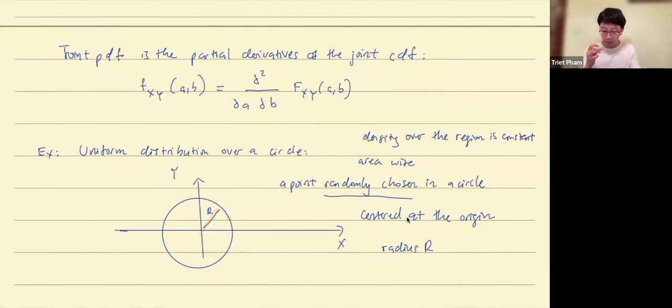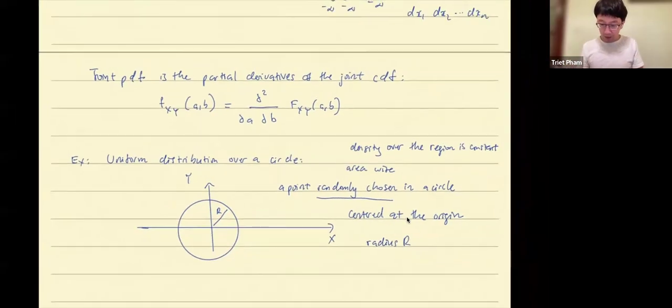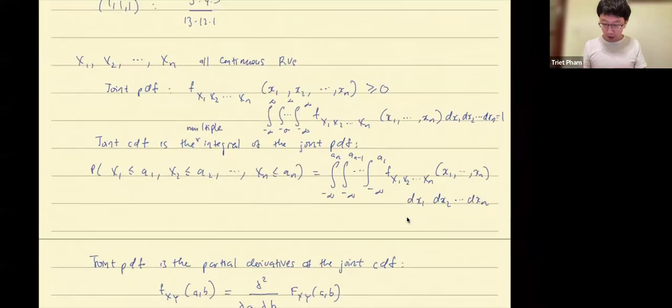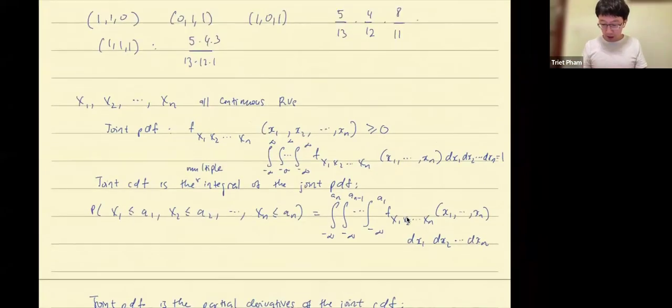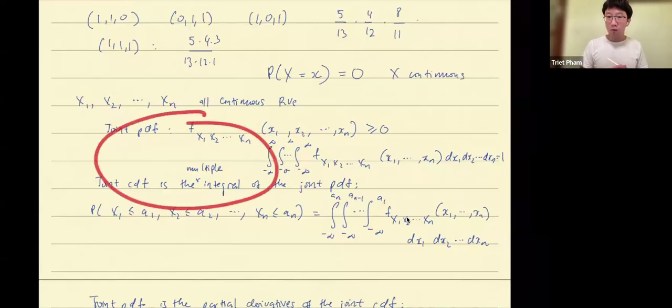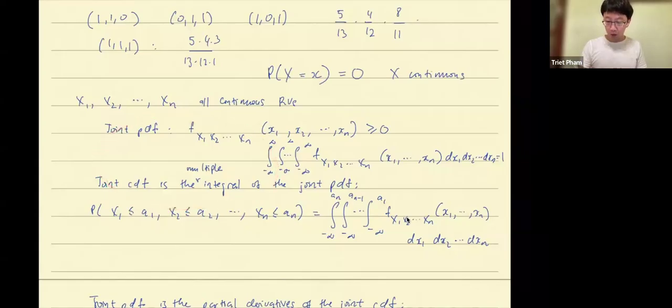Maybe I should mention one thing. Just like the one-dimensional case, where the probability that x is equal to a single value is 0 if x is continuous, the same thing happens for a multidimensional or joint distribution.